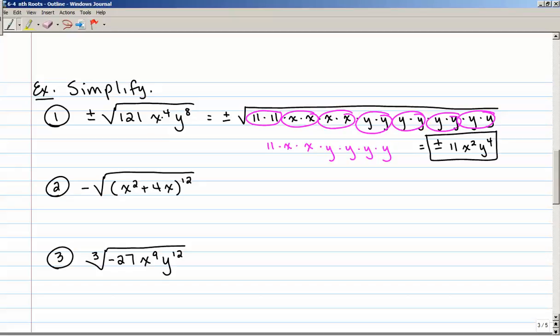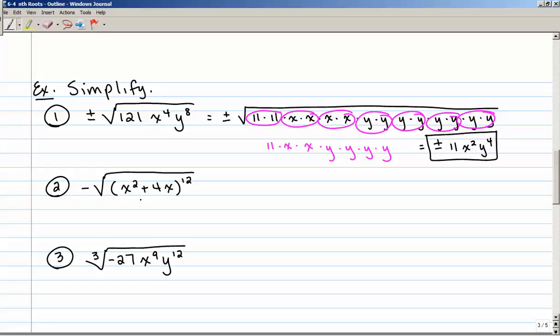So x to the 4th, 4 divided by 2, is going to give me this 2. y to the 8th, 8 divided by the invisible 2 here, gives me a 4. So that's kind of a shortcut way to do it. What you can do is think of this, x to the 4th is 2 pairs of x's, and y to the 8th is 4 pairs of y's. So that's how you get these exponents in your answers here.